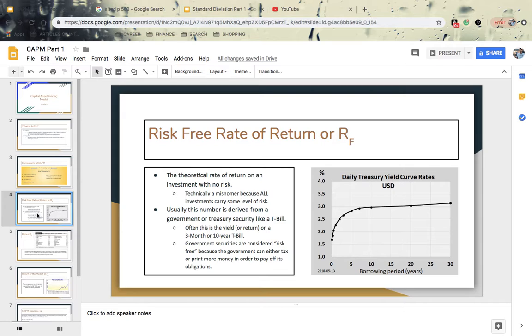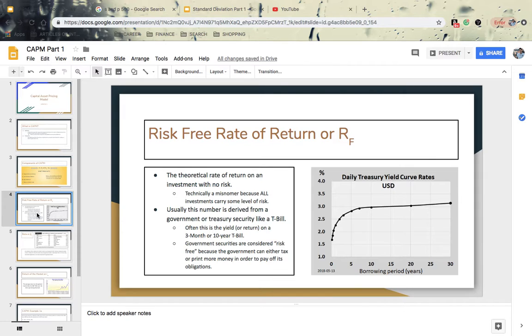Now, you hear that and your eyes glaze over, I understand. But basically, it's saying that if you invest in a government security, bond, treasury bill, something like that, you'll get back a return that is considered risk-free because theoretically, the government is not going to default on its debt because it can either tax or it can print more money in order to satisfy its debts.